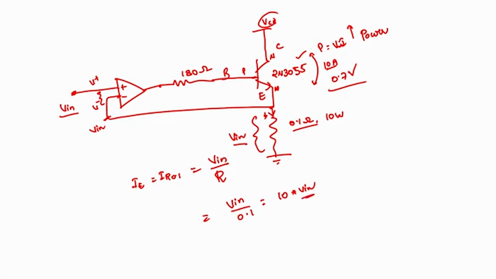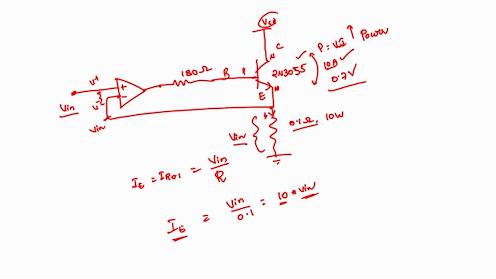Now what range of Vin we have to use is also very important. If you understand the collector current in this case, the emitter current entirely depends upon the input voltage, with a gain of 10. As you recall the 2N3055, when you look into the 2N3055 data sheet, we can see the maximum current it can operate at.